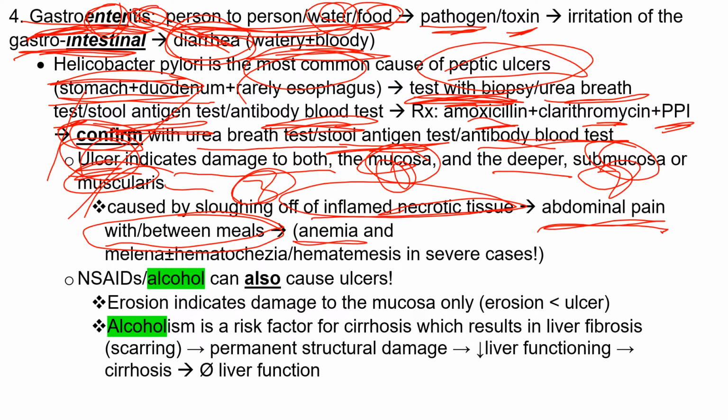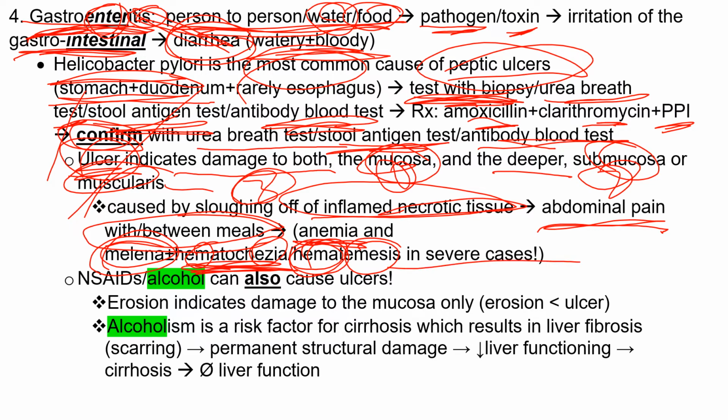There may be anemia that's present. There may be hematochezia. Hematochezia is red blood with defecation. Hemato, blood, chezia, feces, or melena, tarry black stools, or hematemesis, where a patient vomits blood in severe cases.